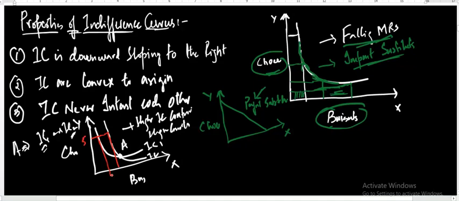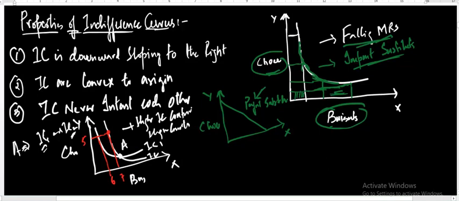Say, for example, indifference curve 1 contains only 6 biscuits, whereas indifference curve 2 contains 7 biscuits and 5 chocolates, which means that the higher indifference curve contains the higher level of the commodities. So two indifference curves can never intersect each other.